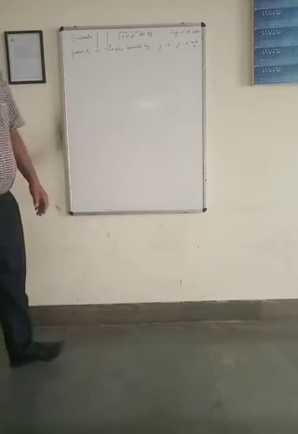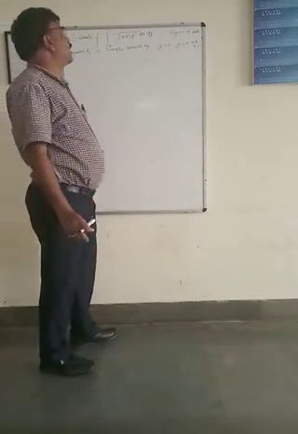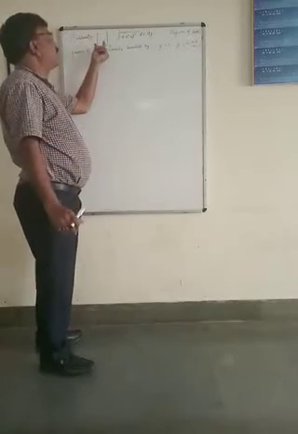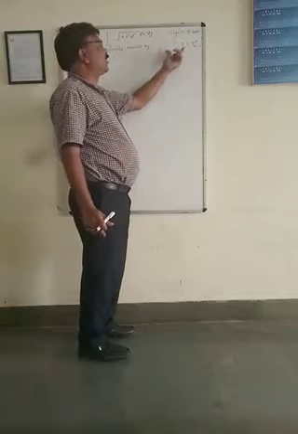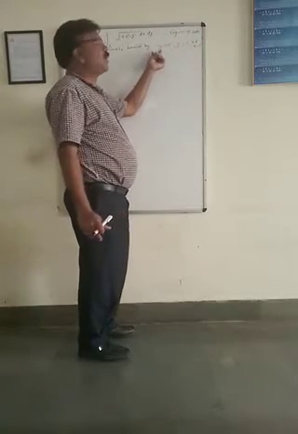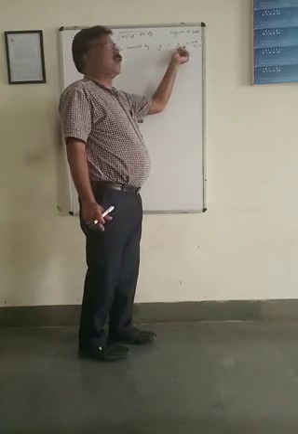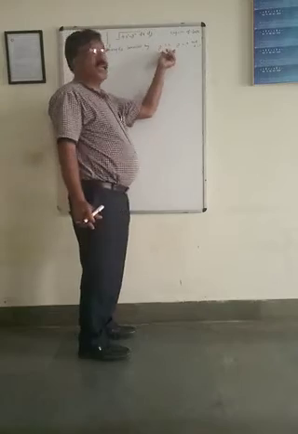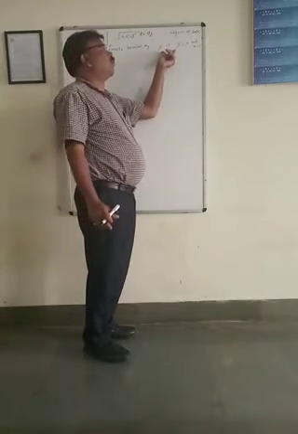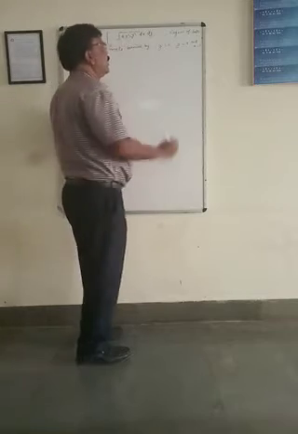This is a numerical problem of double integration. Here we have been given a region which is enclosed by the axis y is equal to 0 and the lines y is equal to x and x is equal to 1. So with the help of this bounded region, we have to find the limits of this integration.